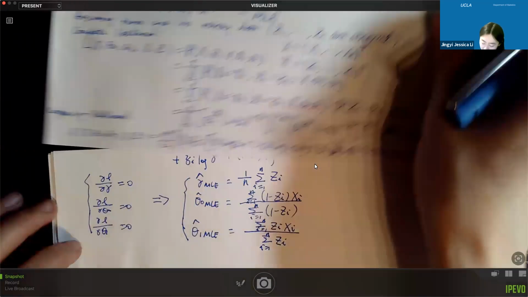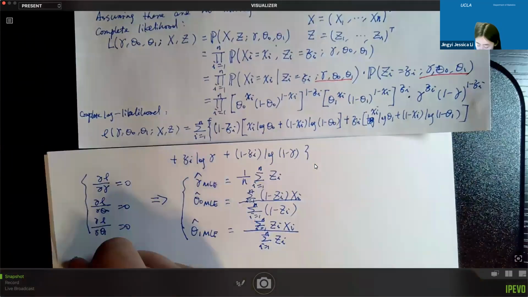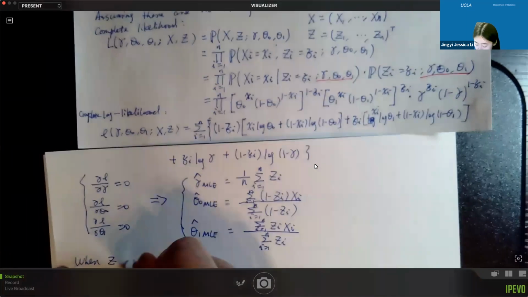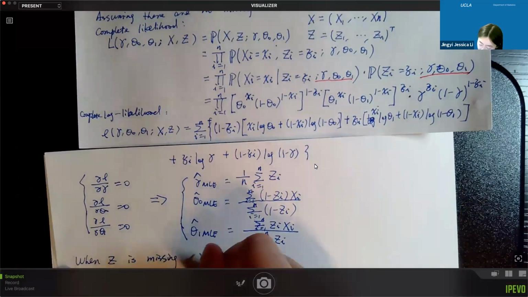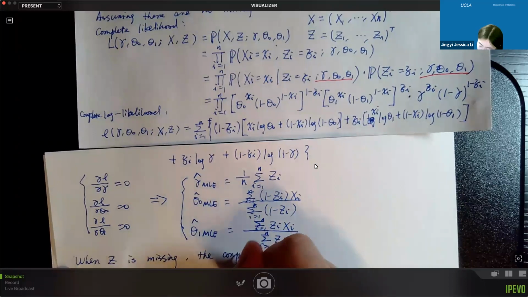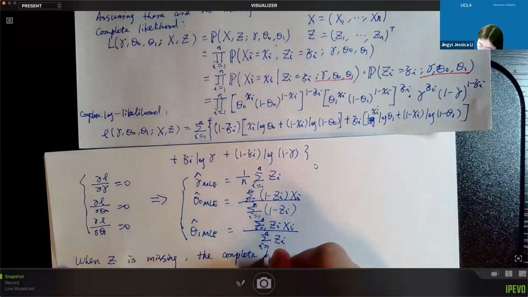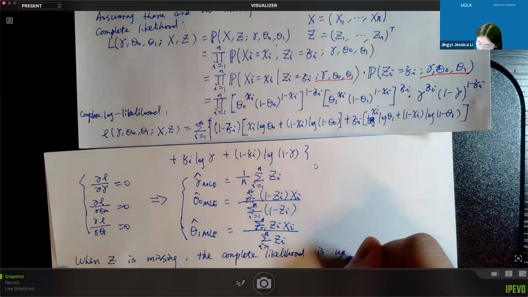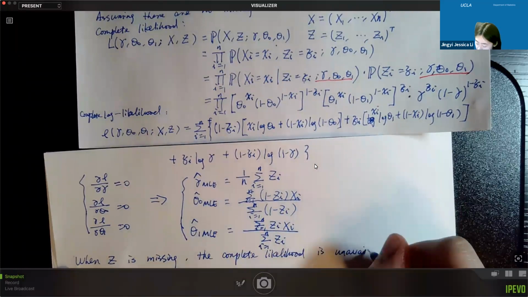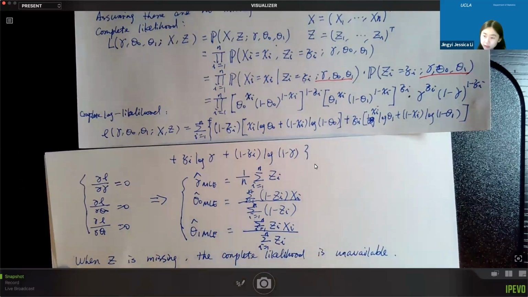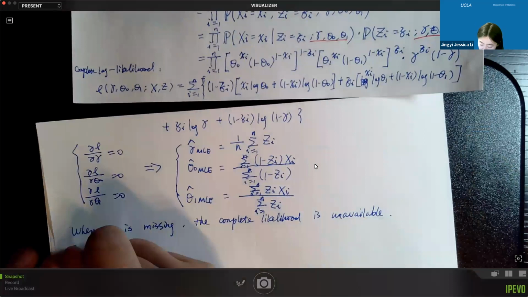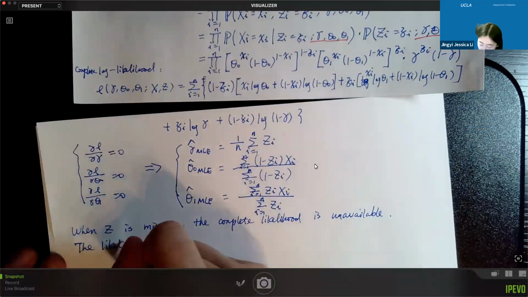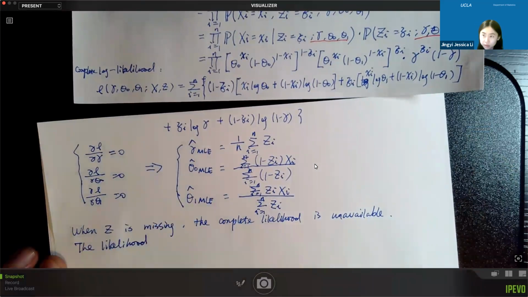Okay, so when Z is missing, the complete likelihood is unavailable. Then what's the likelihood? The likelihood is only based on the data we observe.